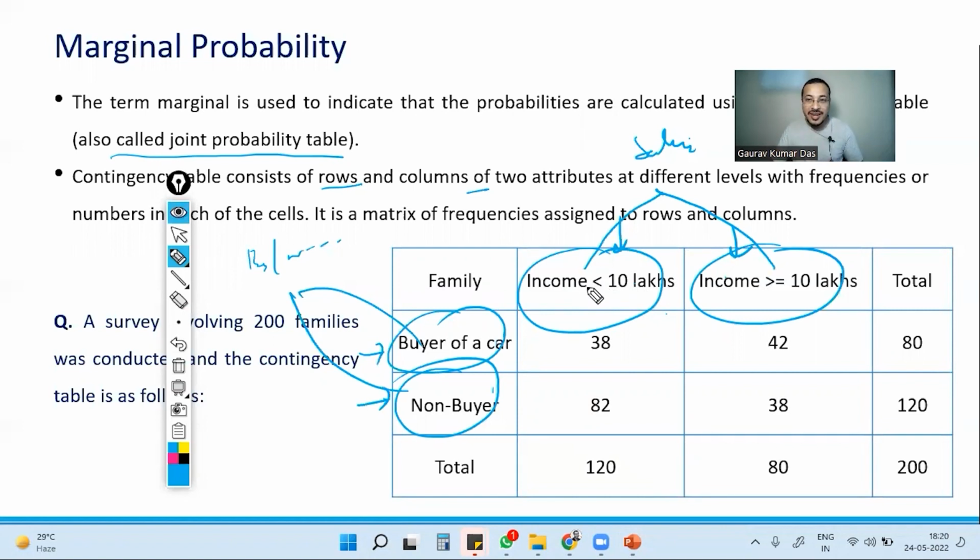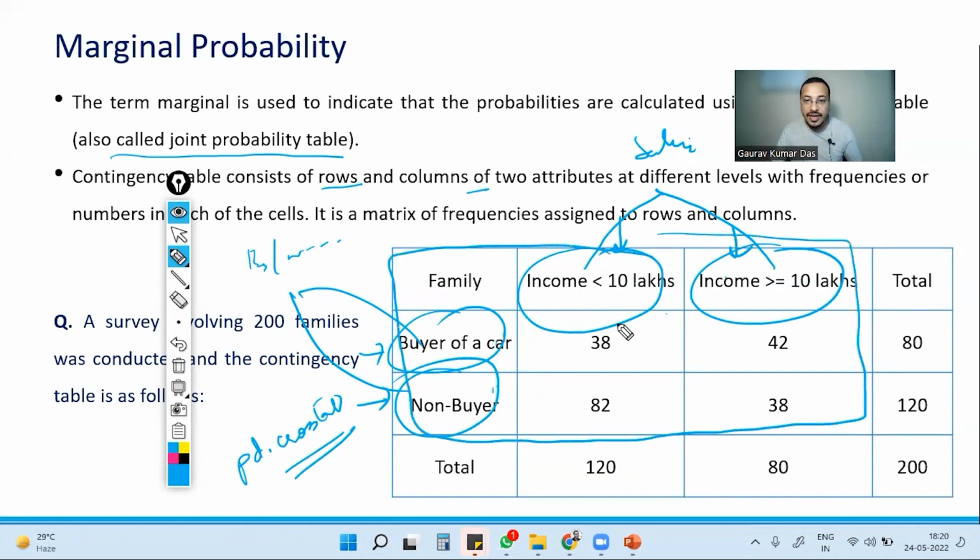This table we had already constructed using pd.crosstab. If you have forgotten, please revisit that lecture. pandas.crosstab does exactly this. So this is my matrix. And I have calculated the totals separately so that it will be easier for us to calculate the marginal probabilities or total probabilities, right? So this is the matrix basically.